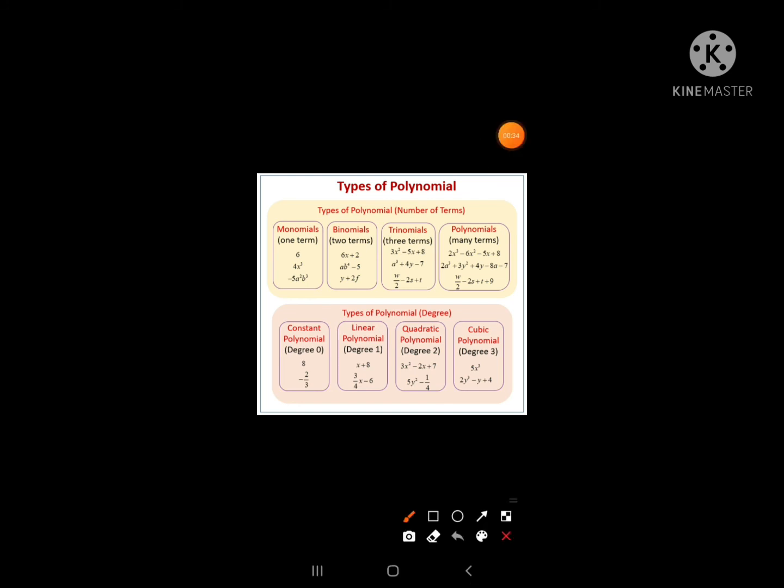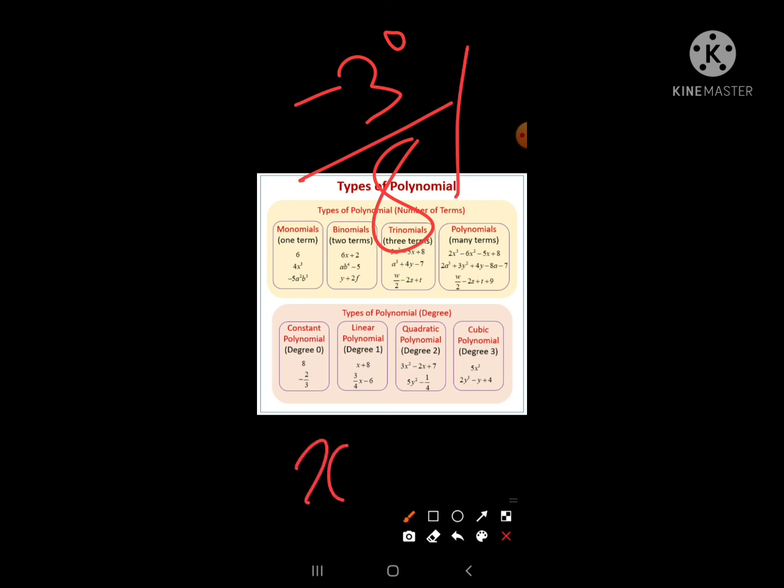For example, a constant polynomial is minus 3 upon 8. This is a number, the degree is 0 only, so this is a constant polynomial. Linear is x plus 8. Here the degree is 1, so this is a linear polynomial.